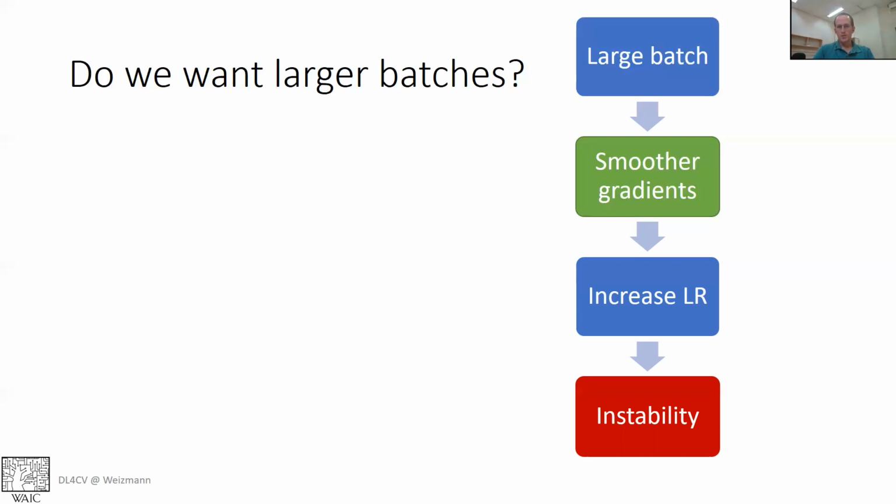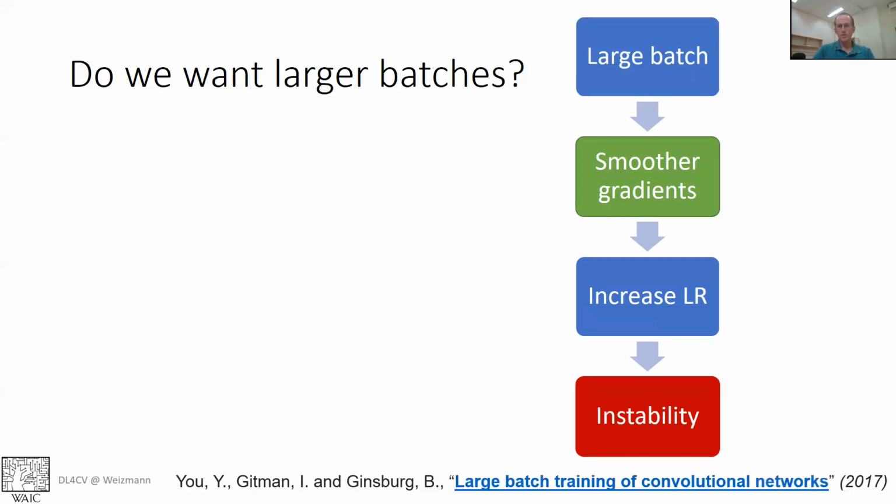So what can we do? We need to use a variant of stochastic gradient descent that is tuned for working with very large batches, that knows how to use this large step size without getting into instabilities. One such optimizer was proposed in this work. It's called LARS. Basically, it does some adaptation of the learning rate for each and every one of the layers.